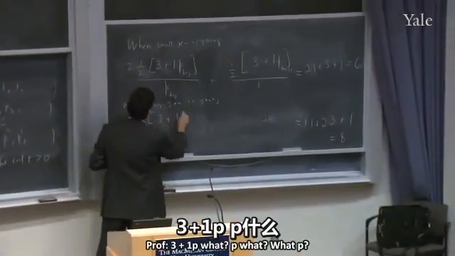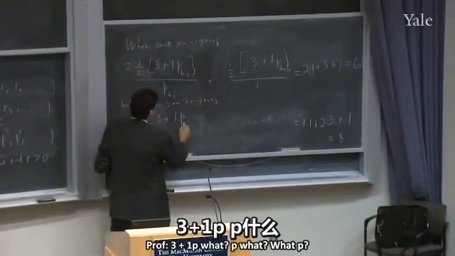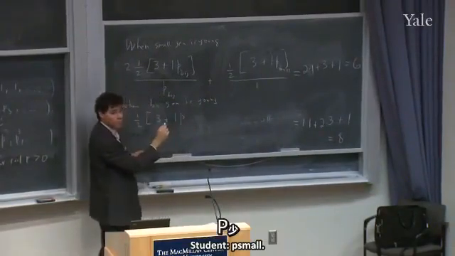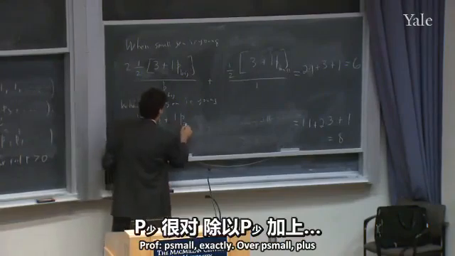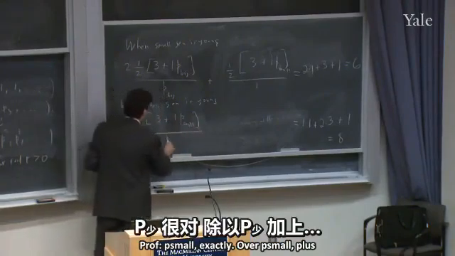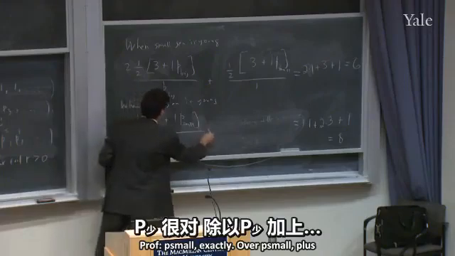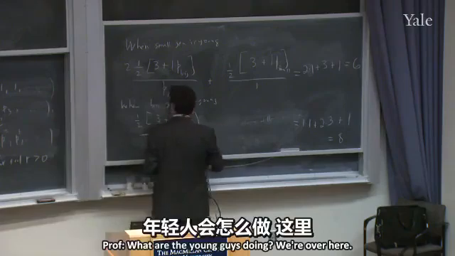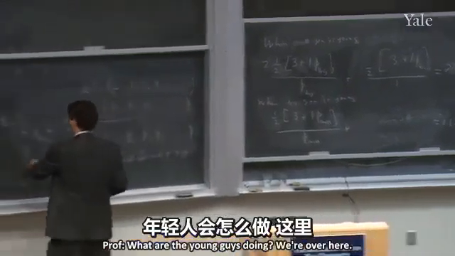3 plus 1, P what? P what? What P? P small, exactly. Over P small plus, what are the young guys doing? We're over here.